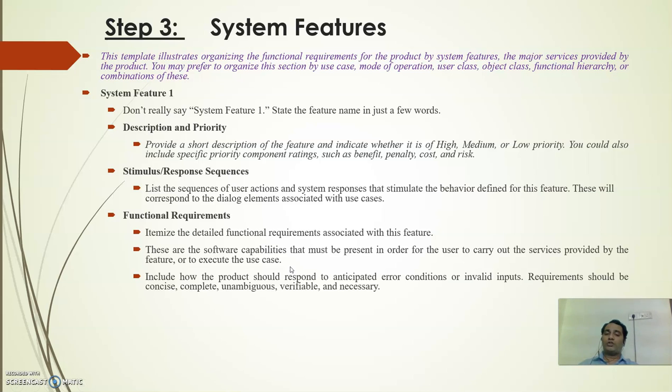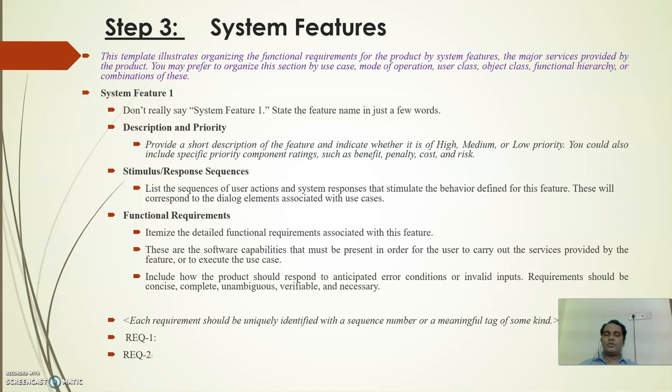Include how the product should respond to anticipated error conditions. You also have to write how it should respond to unforeseen circumstances. Error conditions are invalid inputs. Requirements should be concise, complete, unambiguous, verifiable and necessary. Please remember these characteristics for the requirements.